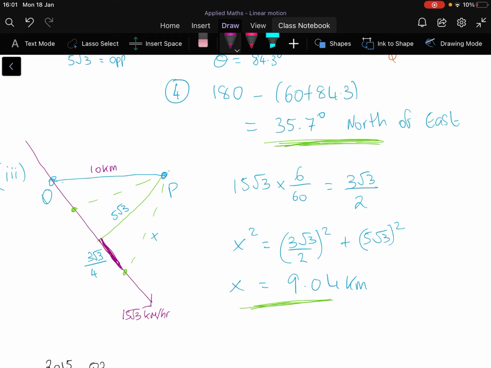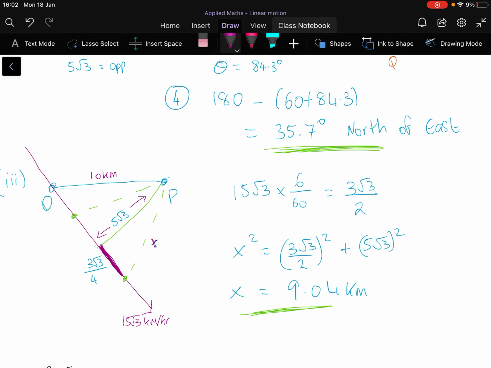So I'm going to find that length there because then I can just use Pythagoras to find this x value here. So I'm going to get 15√3, I'm going to multiply it by 6 out of 60 because again this has to be in hours, and I'm getting 3√3/2. So that is the distance of this purple part here. So now that I have that purple part, I also have this length here of 5√3. I'm going to just use Pythagoras' theorem to find this x value, and when I do that I got 9.04 kilometers. And that's that question completed.